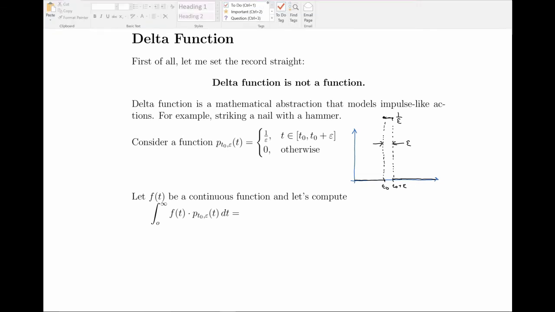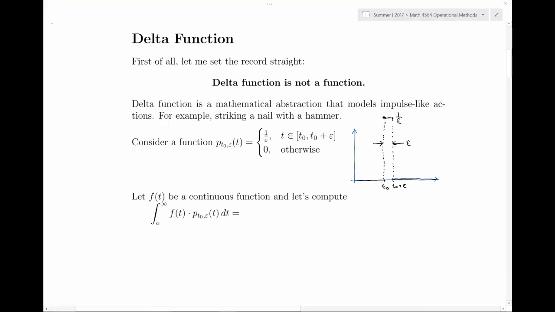So what happens if I take this function and integrate another function together with it? Since this function is 0 almost everywhere, this integral only has a non-zero integrand from time t equals t naught to time t equals t naught plus epsilon. And f of t for this period of time will be multiplied by 1 over epsilon.